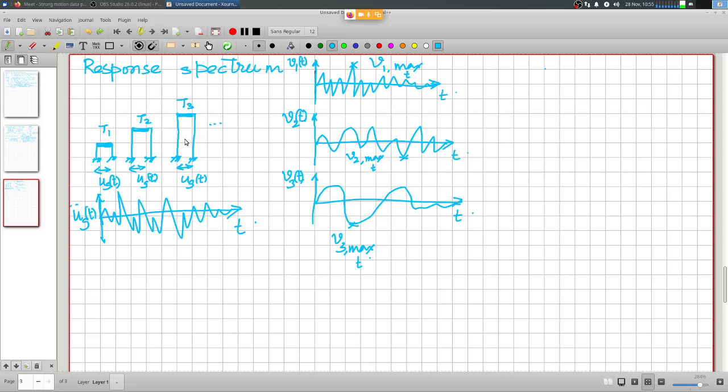So if I want to find out what is the maximum force in this supporting structure, I just need, I know the stiffness of this system, the K value, the spring constant for this system. So if I know what is the maximum deformation in this system due to this earthquake, I can just multiply this with the stiffness or the spring constant, and I get the maximum force in the spring, and that is what I need. So typically this is what is done.